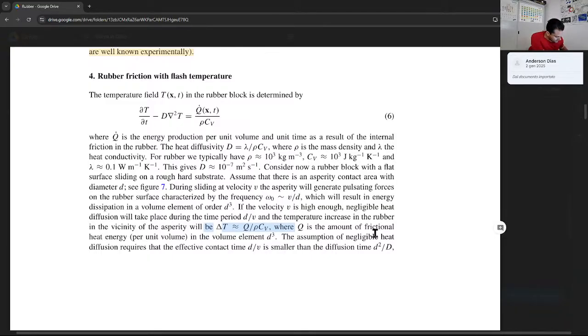So D equals lambda divided by rho times Cp. So if my effective contact time is smaller than the diffusion time, this is positive for negligible heat diffusion.